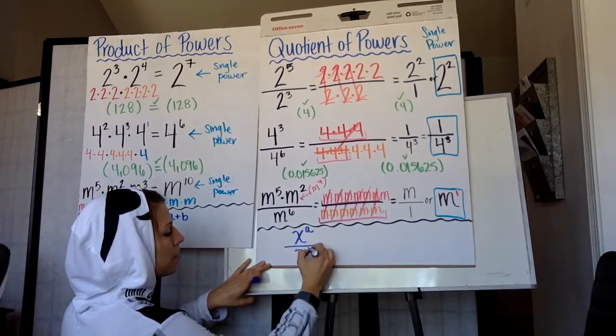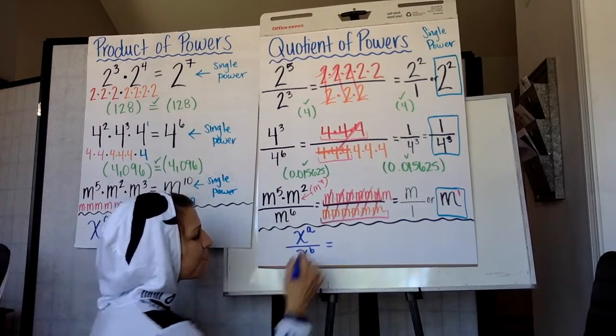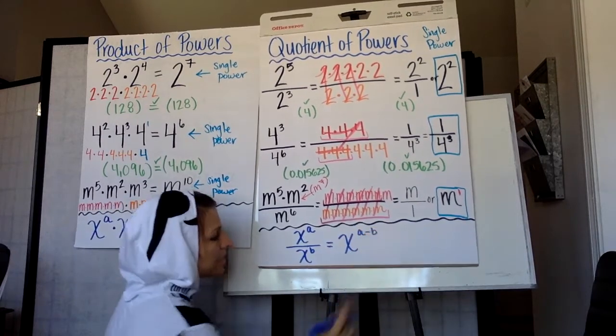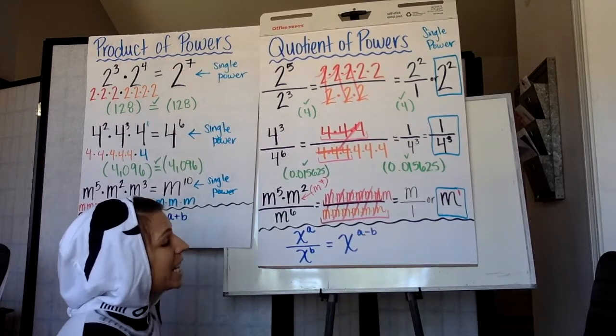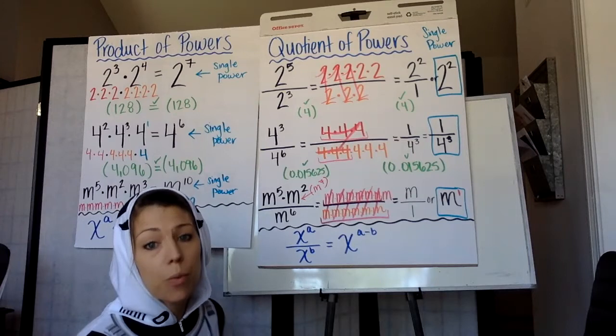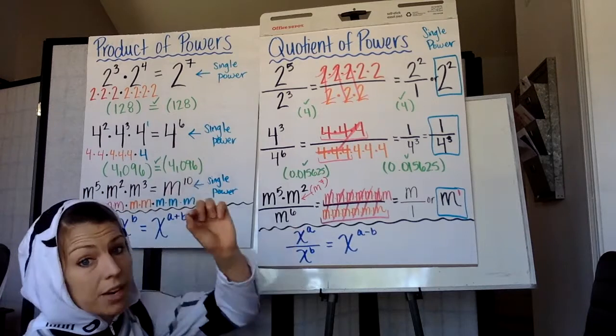divided by x to the b power, how can I simplify it in one step? I'm going to subtract a minus b. Now, again, you might end up with a negative right now, and that's totally okay. We will deal with that later. Just remember, a is always the greater number.